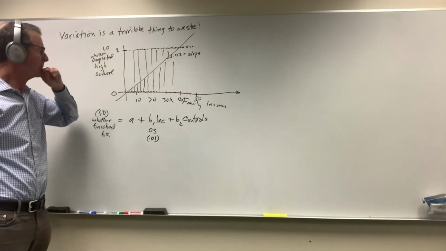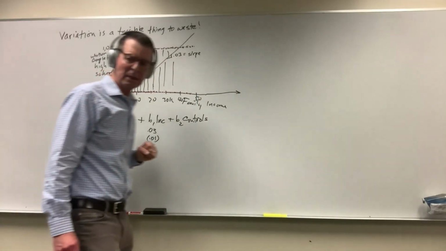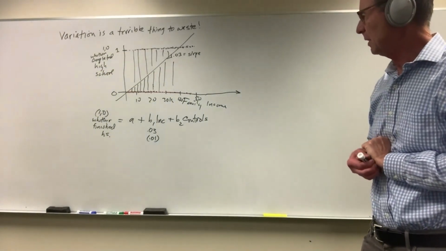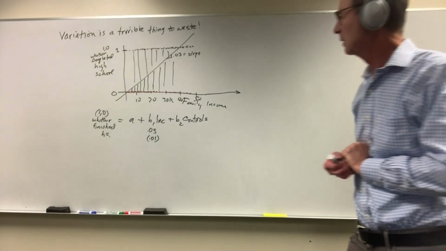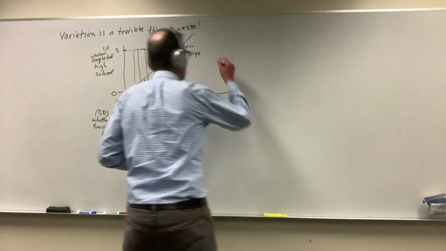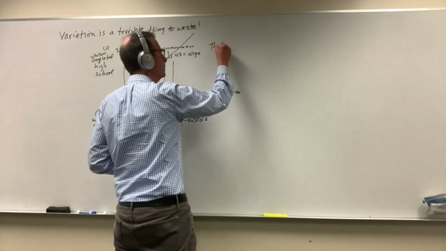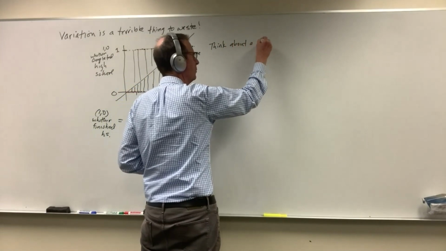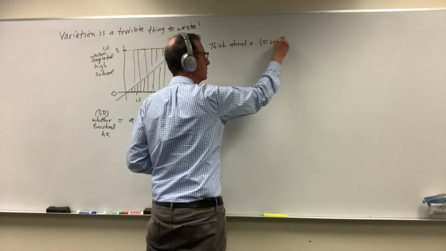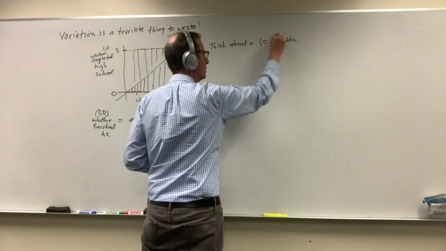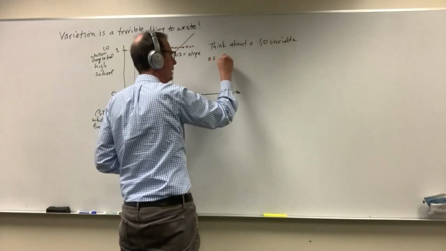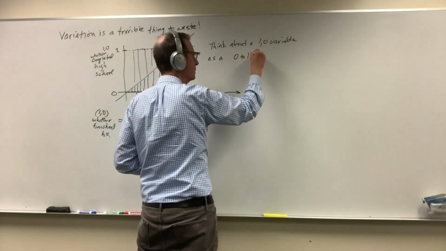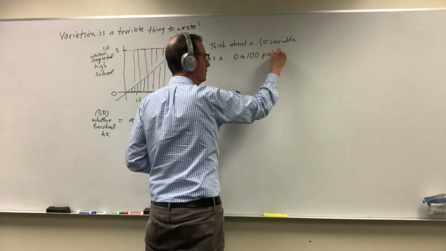All right, so that's one way to think about it. But it's easier and more natural to think about a 1-0 variable as a 0 to 100 probability.